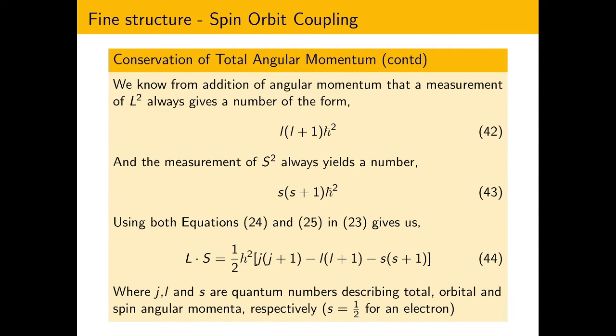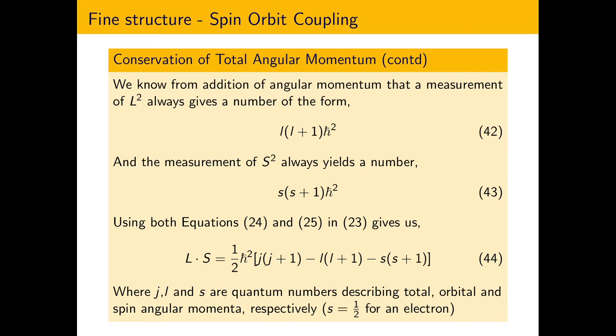Continuing from where we left off, we know from addition of angular momentum, which Pugal discussed in our previous lecture, which you can take a look at, that a measure of L squared always gives a number of the form L(L+1) h-bar squared, and the measurement of S squared gives equation 43 as a number.